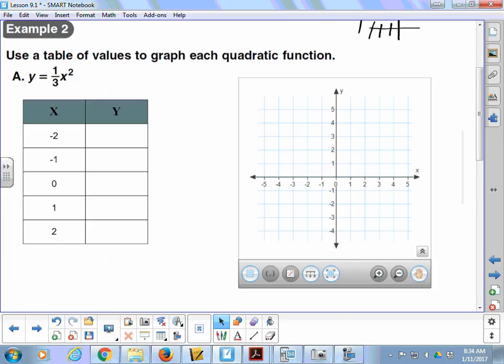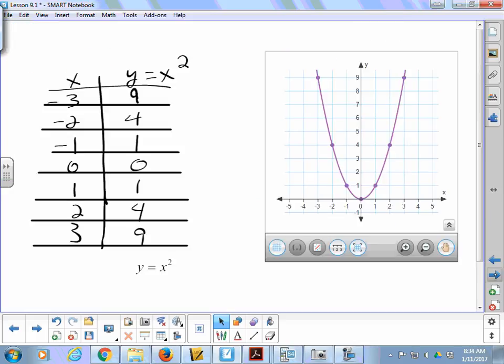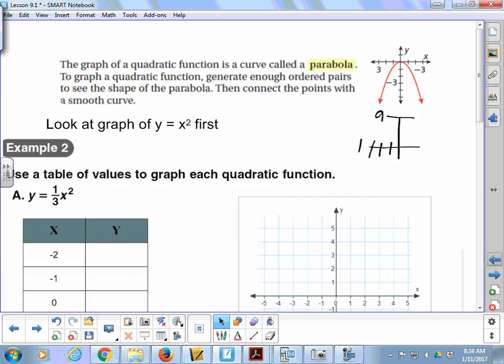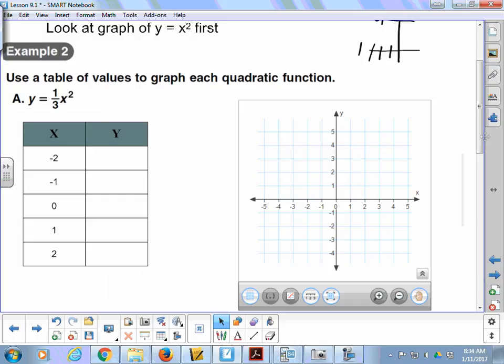This is the main part that I really want you to understand: all I'm going to do is take these numbers here and change them a little bit. Since it says 1/3 x squared, I'm going to take those numbers and do what with them? We're going to cut them in a third. Yep, we're just going to multiply those numbers by 1/3.